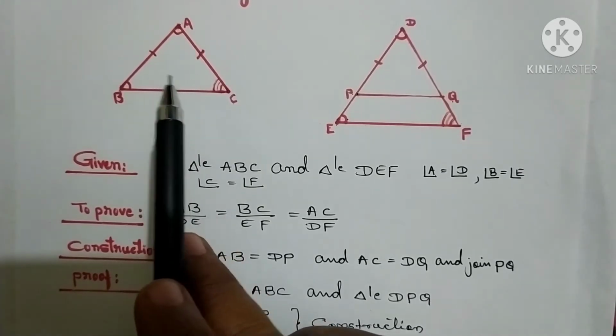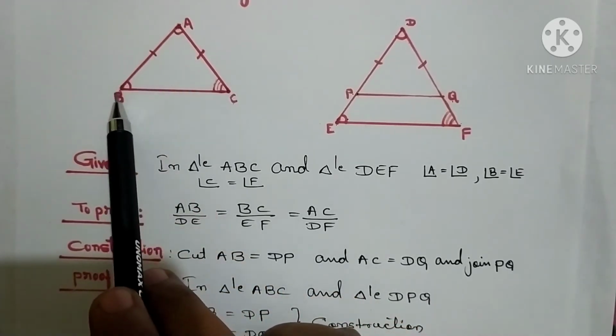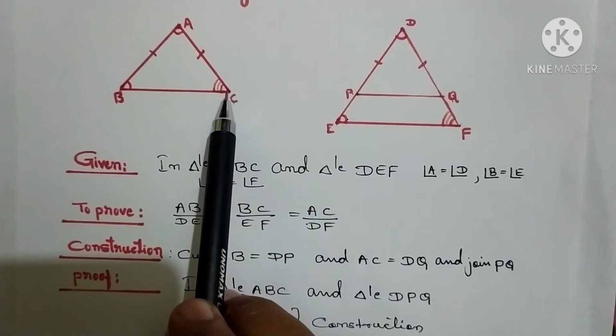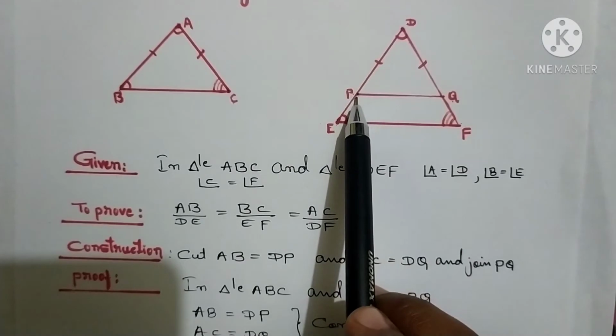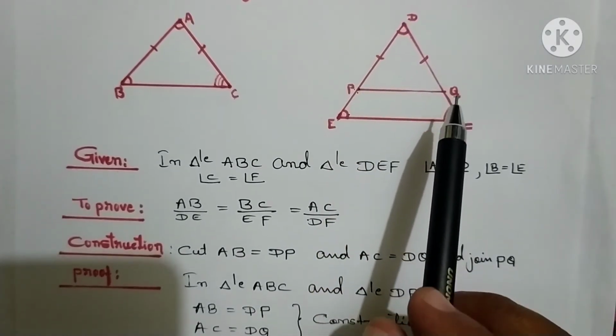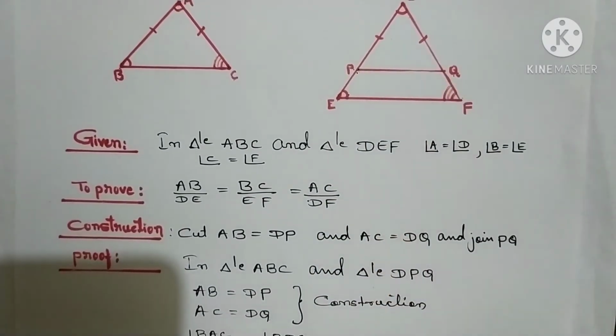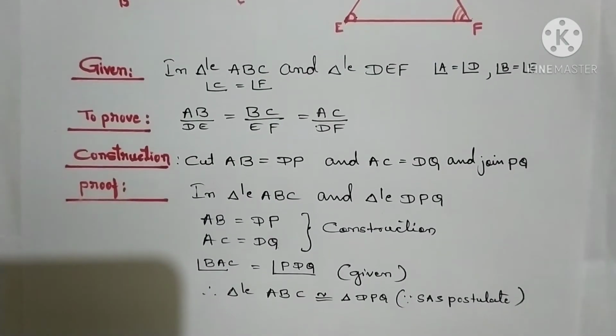Now here we will take angle ABC is equal to angle DPQ, corresponding angles. What should we write here?